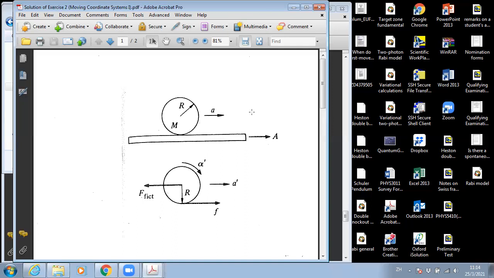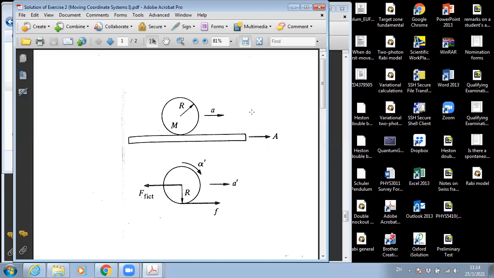All right. The second part, actually, this is a moving board inside a bus. And this bus is accelerating with the rate A. How does it affect the time for this mass to go to the bottom of the frame?